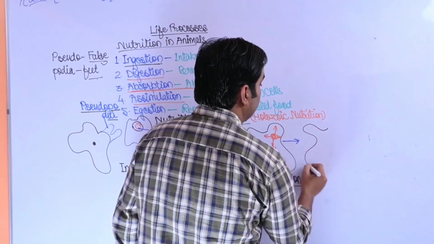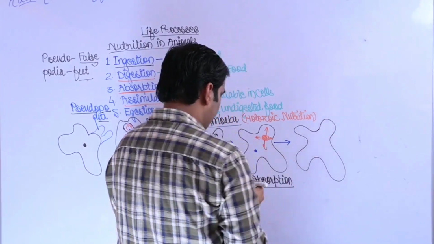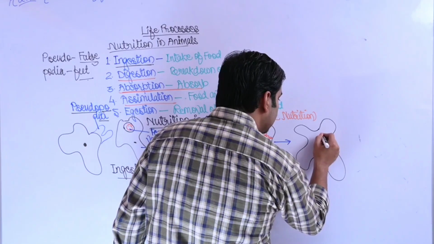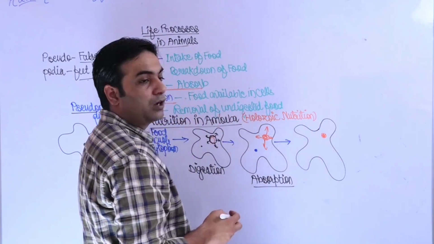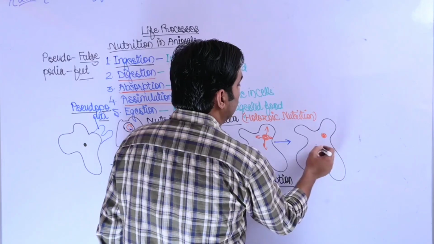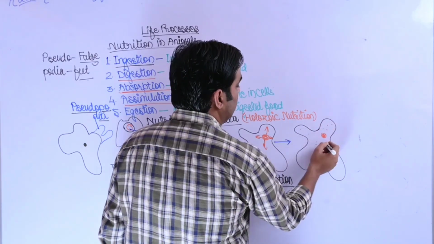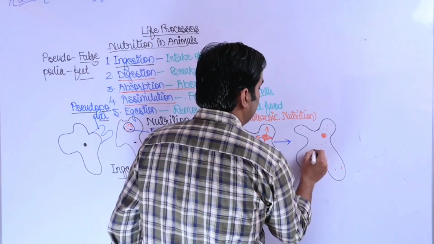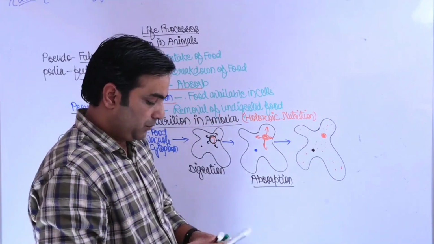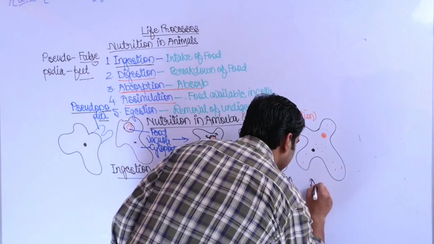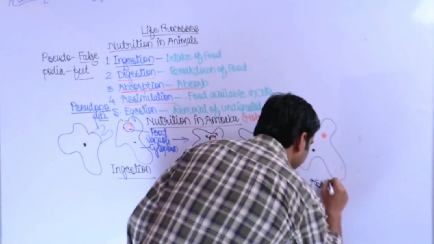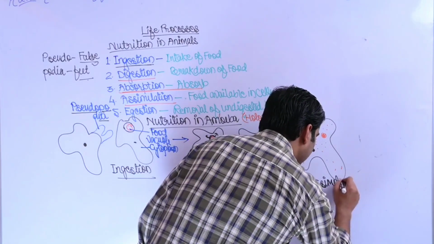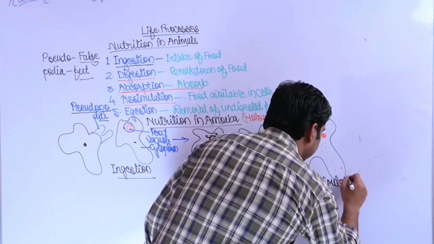So in the next step, the food vacuole will look small in size because absorption is done, and it has spread. The digested food is absorbed by the cytoplasm. Somewhere in the cytoplasm, the nucleus is also present. So this is the process which we call assimilation.